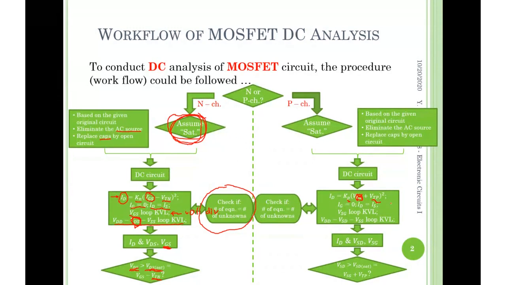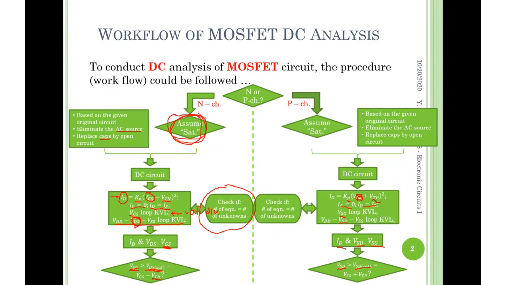And IG is 0, so ID and IS are equal. Then you are looking for the VSG loop, KVL, and writing the VSD path KVL. Find ID, VSD, and VSG. Checking is pretty much comparing your VSD with the VSD saturation voltage.